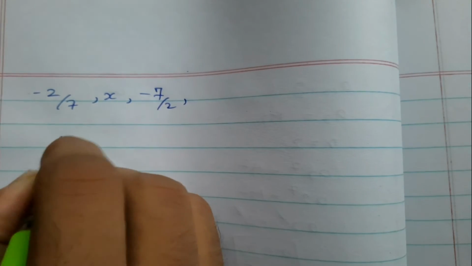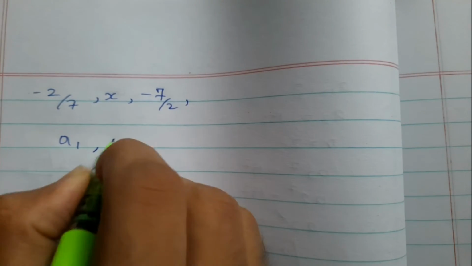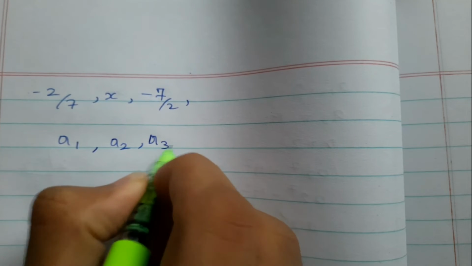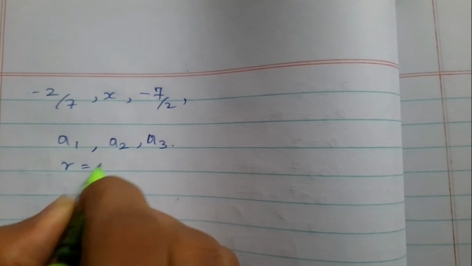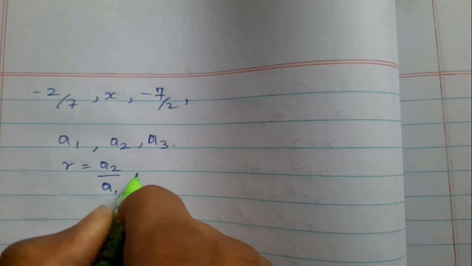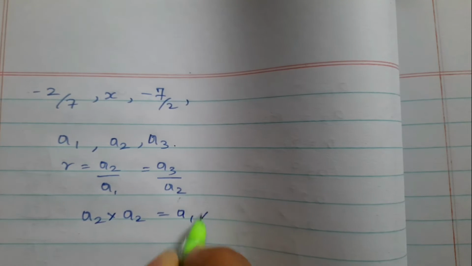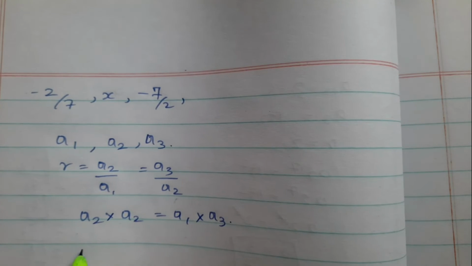Next question 6. 2 by 7, x, minus 7 by 2, A1, A2, A3. Here R equal to A2 by A1, A3 by A2. Therefore A2 multiplied with A2 equals A1 multiplied with A3.